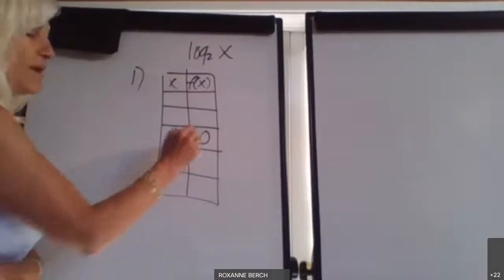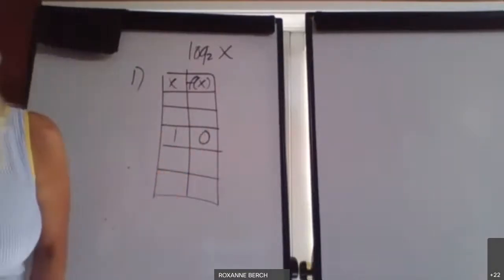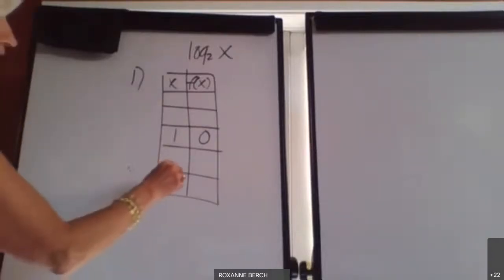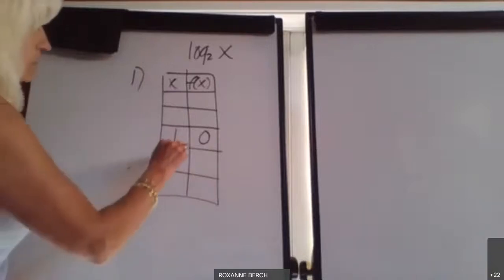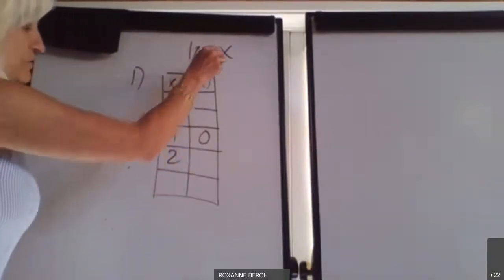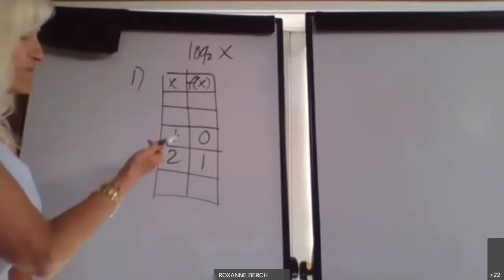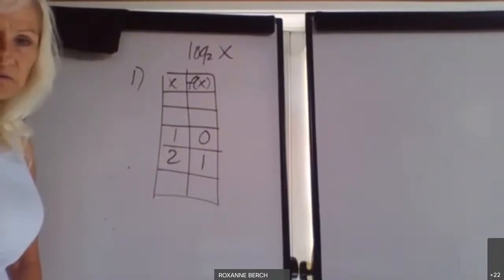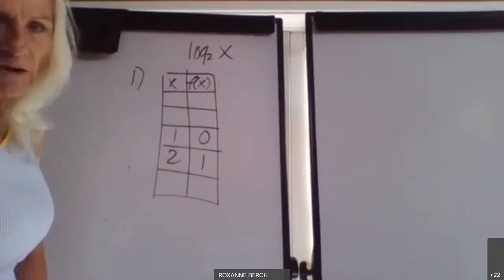Because log base 2 of 1 is 0. Well, all the graphs say 1, 0. But then when you look at log base 2 of 2, it's 1. So there's only one graph that has this. So I would just copy down the other points because we don't care about them anyway.